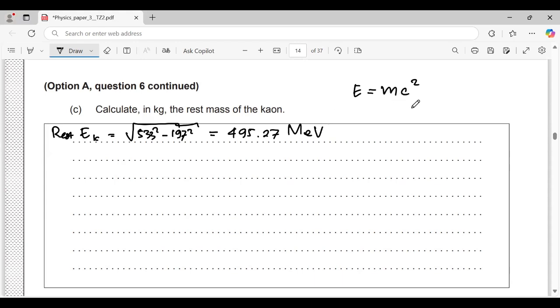According to this formula, m equals E over C squared.